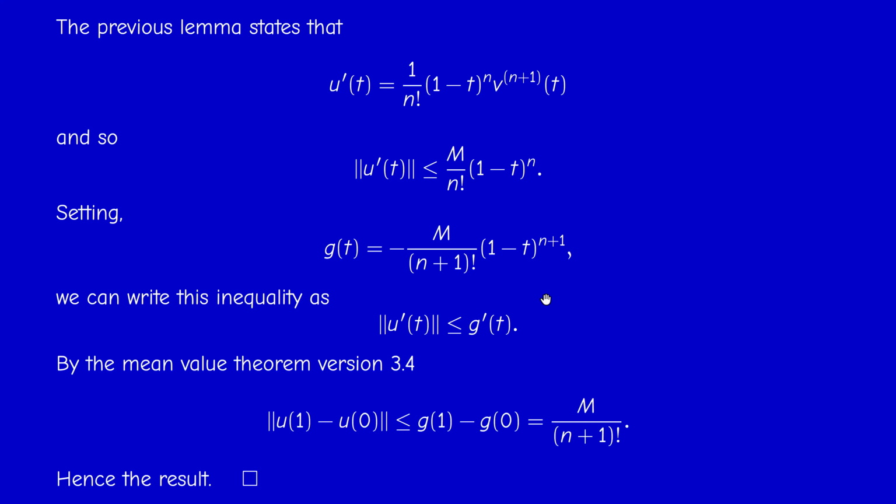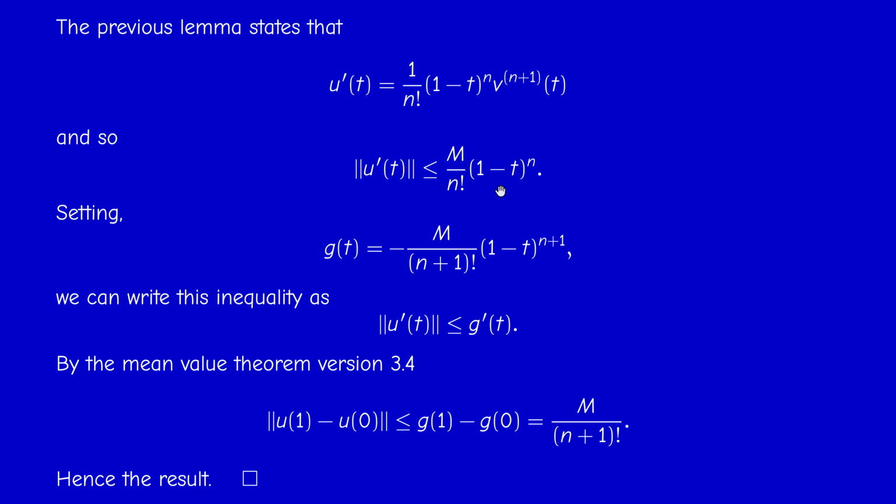And if you apply the stronger version 3.4, I get the norm of u1 minus u0 is less or equal than g1 minus g0, and g0 is precisely minus m over n plus 1 factorial, and g of 1 is 0, so I get exactly this. And this proves the result.